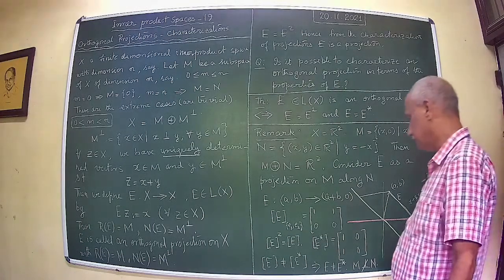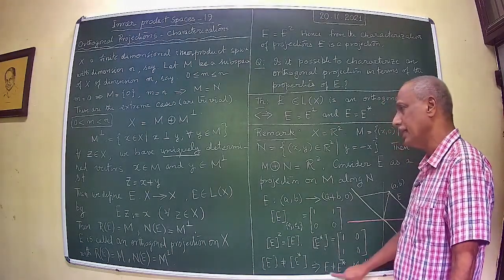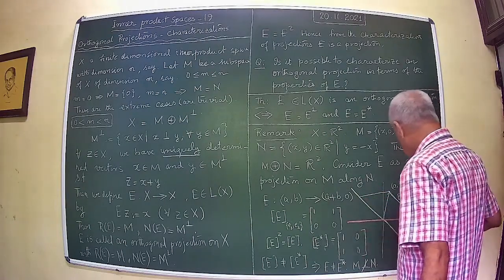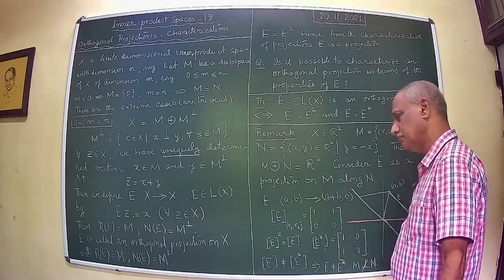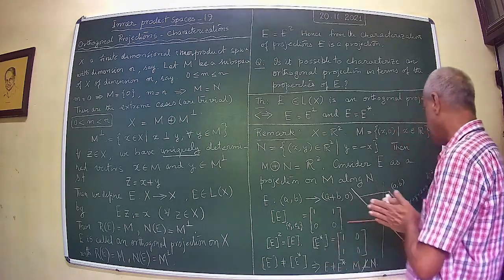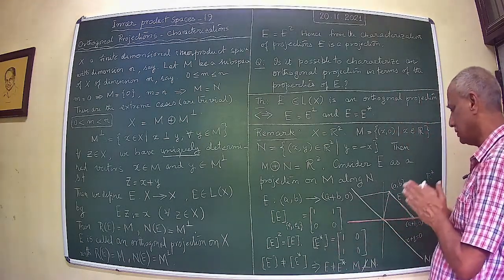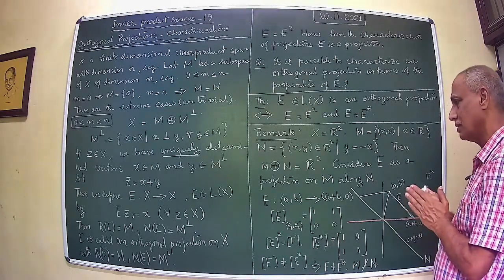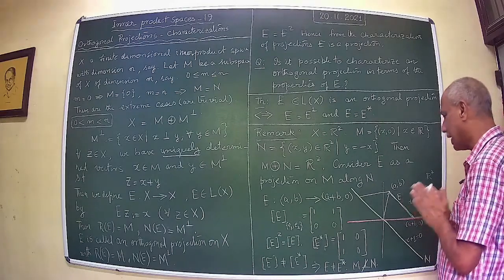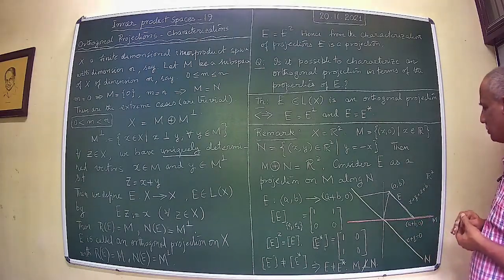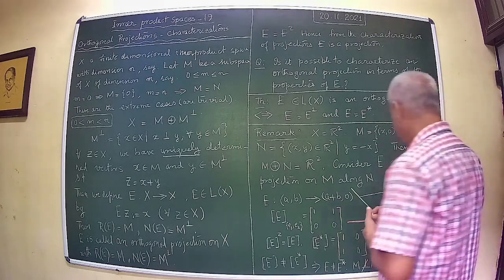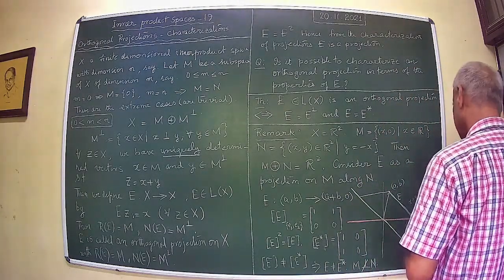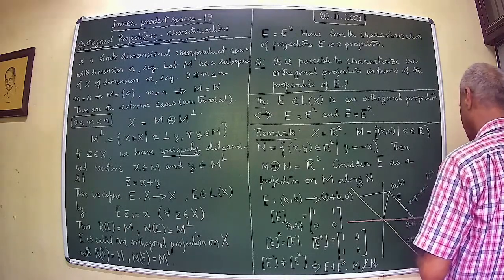That is, E cannot be self-adjoint in this particular example. So you are asking the question, is E equal to E star whenever it's an orthogonal projection? A little bit of work would show you that this is indeed so. It's not difficult to work this out.